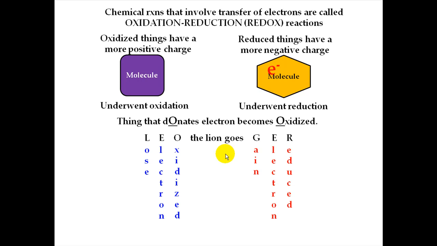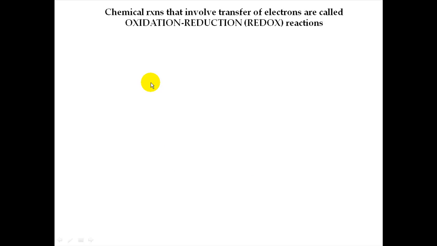One thing to point out is that whenever electrons move within cells, it's pretty rare that it's just a naked electron that ends up moving from one place to another. Instead, that electron is usually packaged with something else, and it's that entire package that moves between things inside of cells. So here's what we mean.